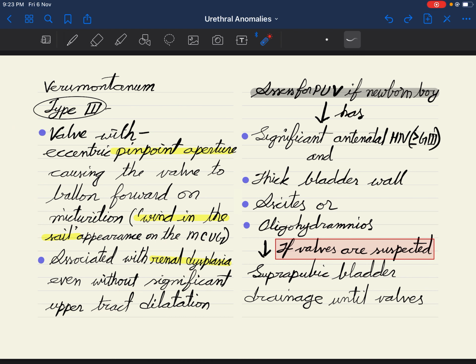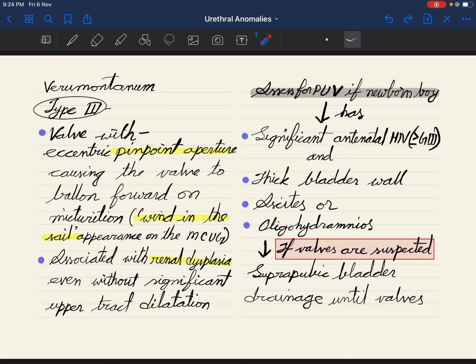So, how will we assess? We will always assess for posterior urethral valve if a newborn boy presents with significant antenatal findings: antenatal hydronephrosis grade 3 or more, a thick bladder wall, ascites or oligohydramnios. Then we will always assess whether the newborn boy has posterior urethral valve.